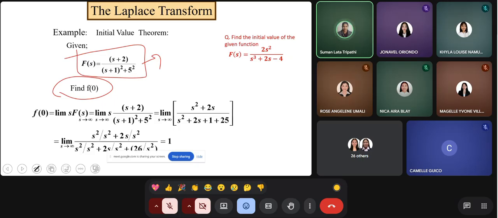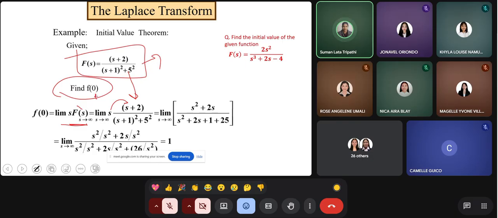If you are finding f(0) in the time domain, then in the frequency domain s tends to infinity, according to the formula limit s·F(s) where s tends to infinity. Now put the value of the function over here, and first we will try to simplify that, and then we will put the limit.